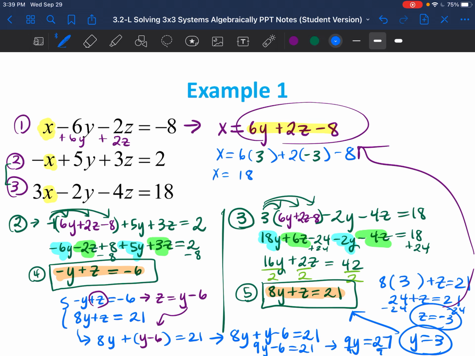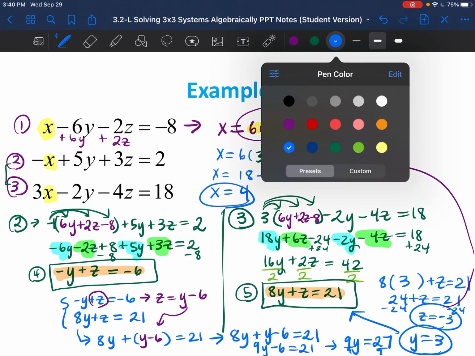And so x equals 18 minus 6 minus 8. 18 minus 6 is 12. Minus 8 is 4. And so now we have all 3 variables, and write them in alphabetical order just like we do x comma y. We're going to do x comma y comma z as our final answer.